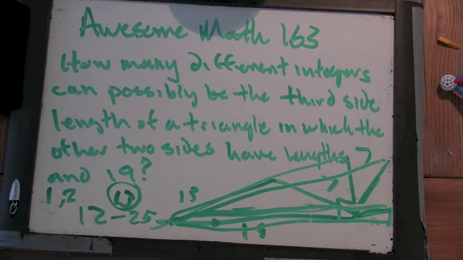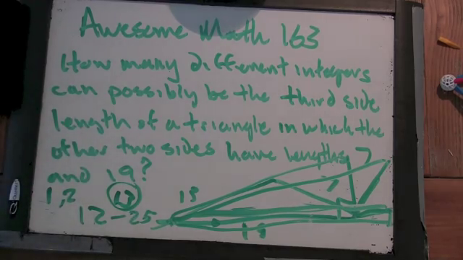And that's inclusive. So how many numbers are there from 13 to 25 inclusive? I think 12 numbers. How come?